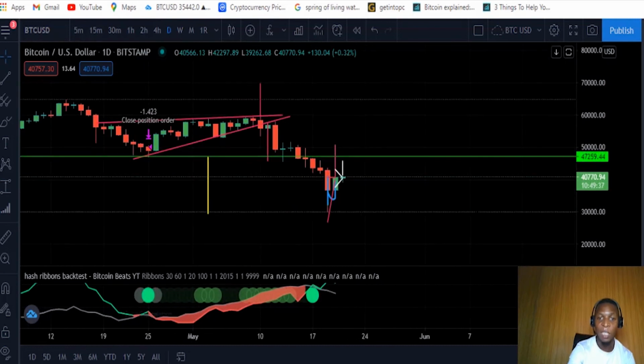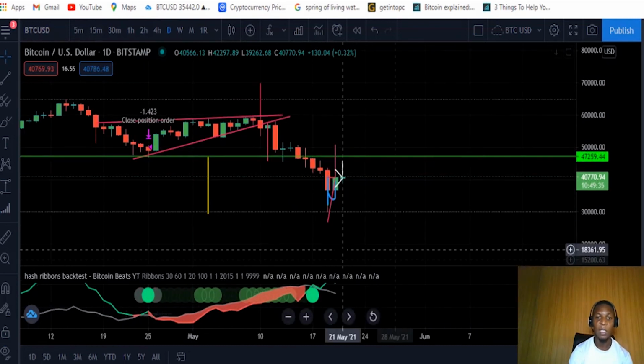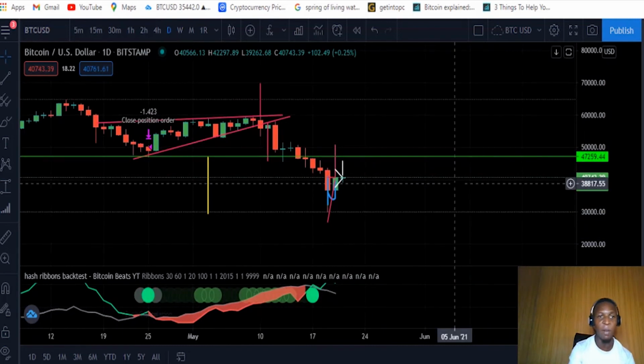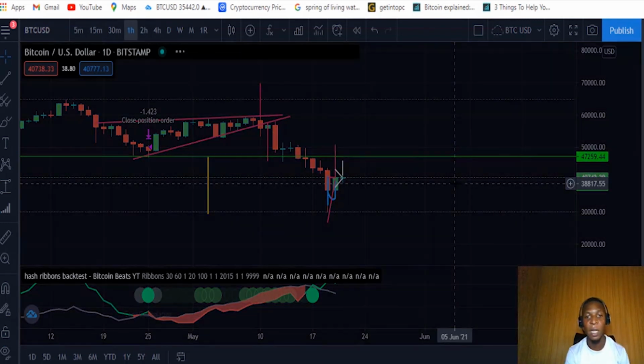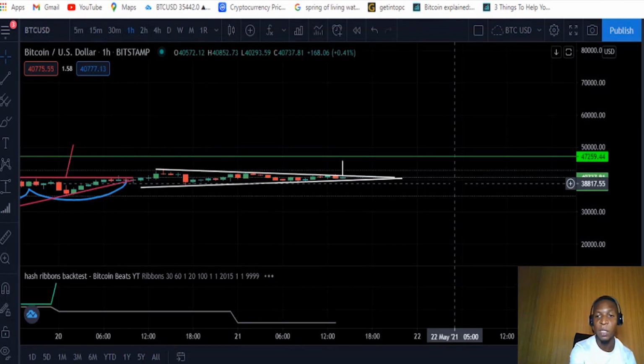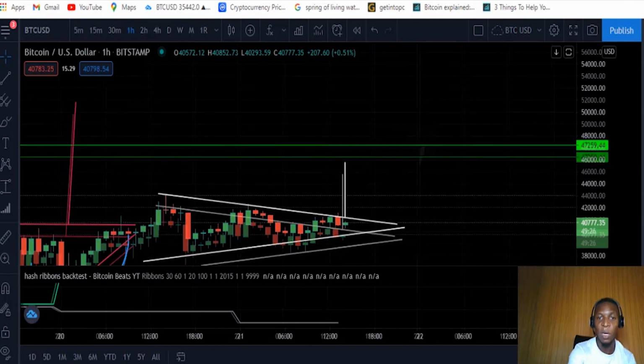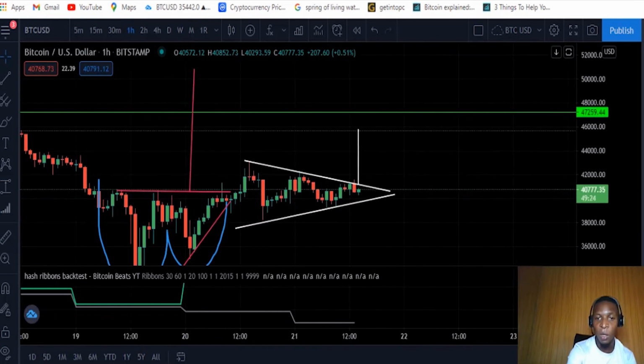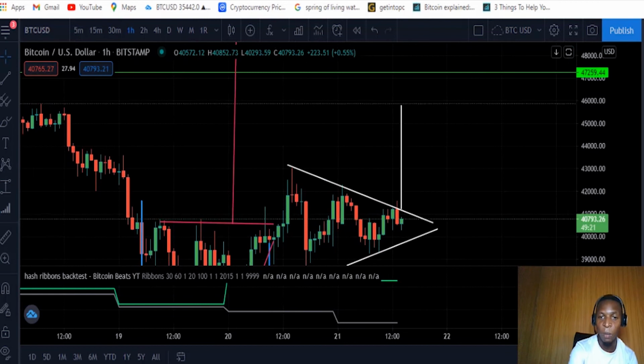Personally, I believe that the bull run is not yet over. Please, let's take advantage of the opportunity, and let's not forget our analysis about the next movement for the Bitcoin price.